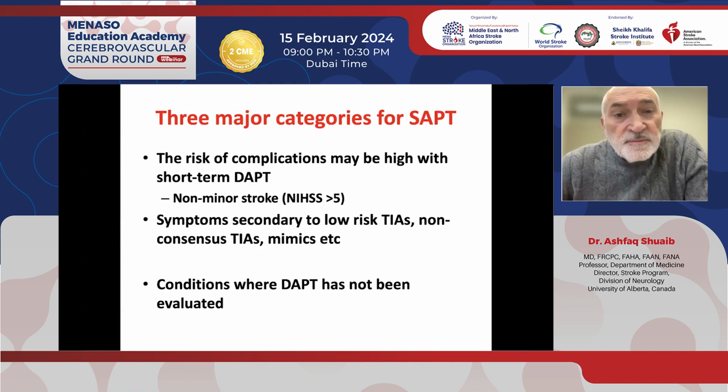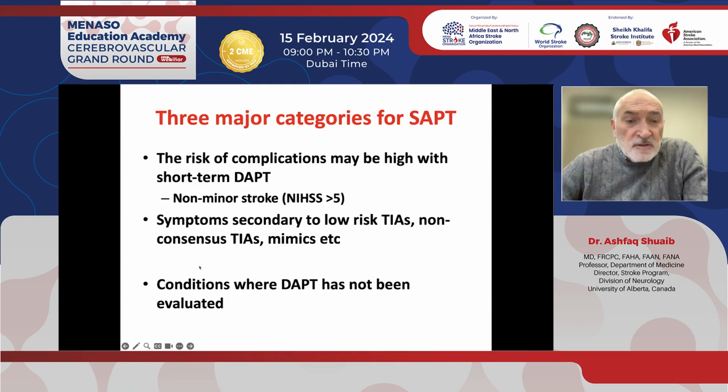For single antiplatelet agents, and my preference is always aspirin unless they cannot tolerate it, it is patients with high risk, so anyone with a larger stroke, an NIHSS of more than 5, and low risk, those non-consensus symptoms that I showed you earlier, dizziness, numbness, and if you think they're still TIAs, you may put them on aspirin. And there's a very large group of patients in whom dual antiplatelets have not been evaluated, because we've always thought that perhaps the risk is very high.